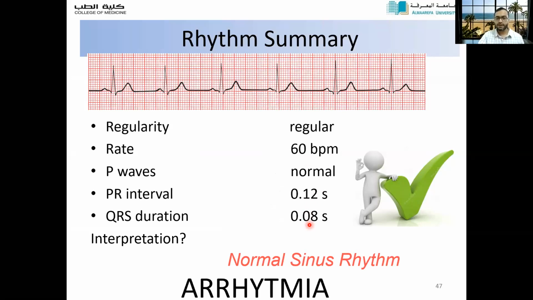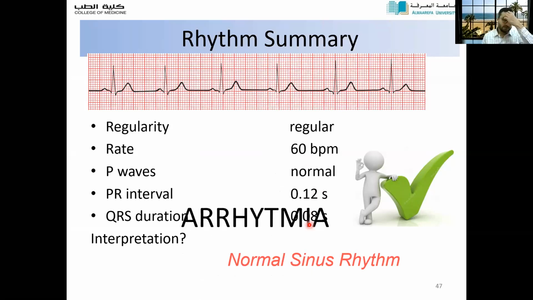We will label it as arrhythmias. If a single one of these 5-point checklist is missing, just go for diagnosis of arrhythmias. And please keep one thing in mind, that all the arrhythmias are not pathological.